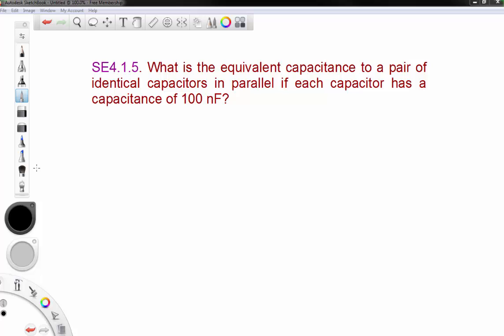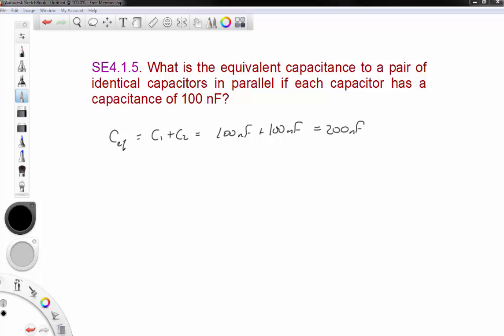The next example places the pair of capacitors in parallel. So now we have C equivalent is C1 plus C2. That's 100 nanofarads plus another 100 nanofarads, or 200 nanofarads.